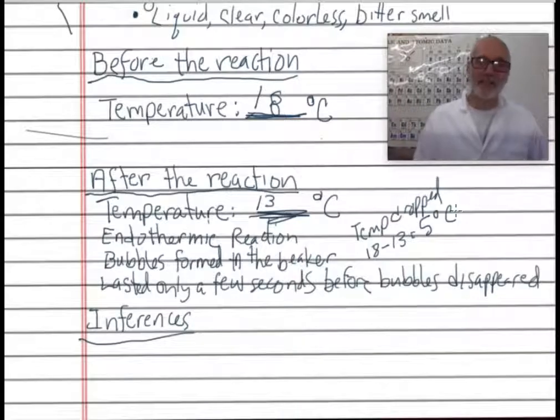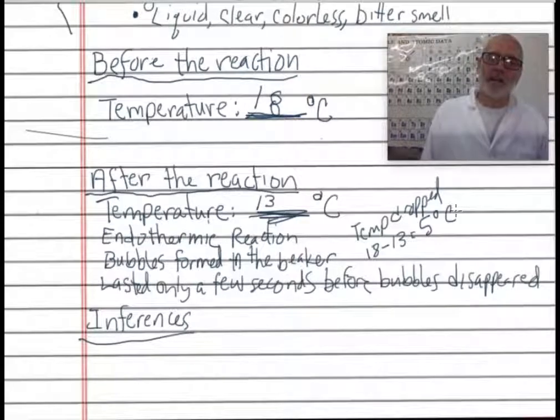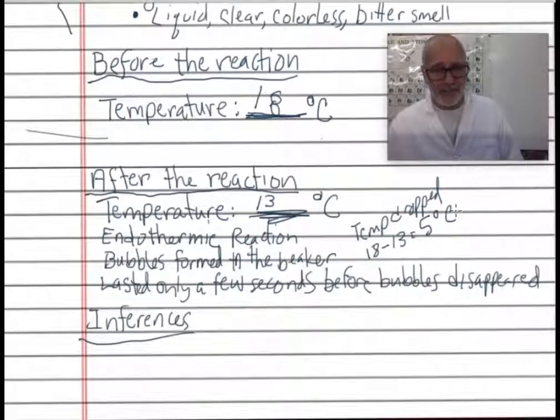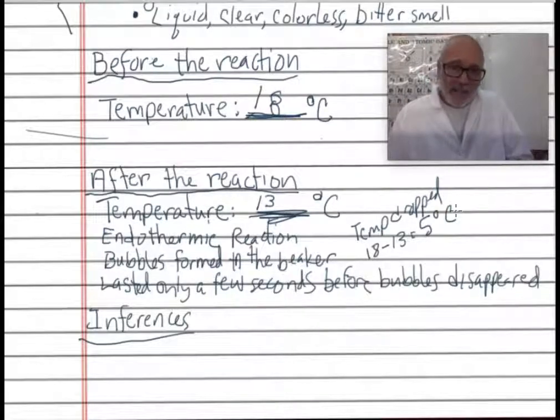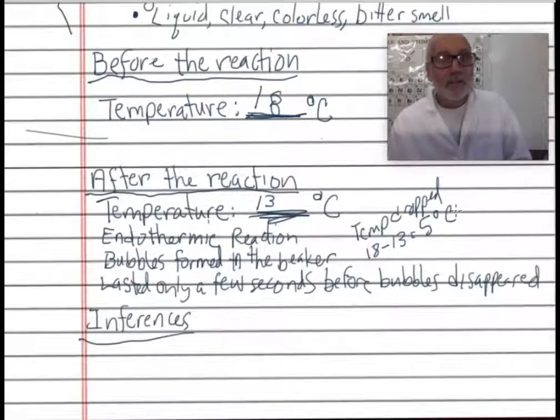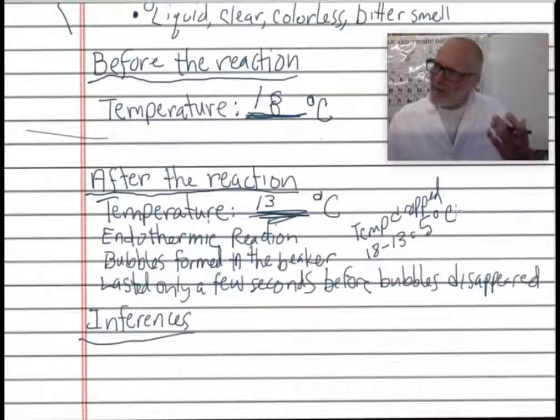The temperature dropped 5 degrees Celsius. That's interesting. Now, I always put a place for inferences in my observations because a lot of times we make inferences as we're observing things. And if we're going to make an inference, let's write them down. They're not an observation, but there's something that's important because it might make us think, maybe I can test this as an experiment to learn something new.